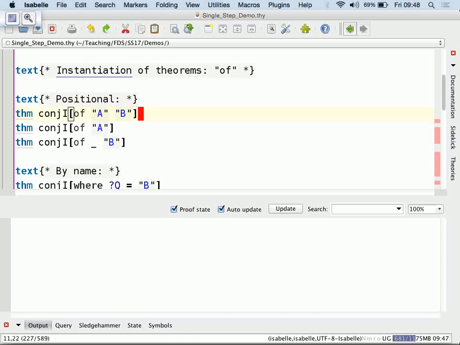The first one is with A and B, and then you really get just a specialization of the conjunction introduction where instead of the question mark variable, you have the concrete A and B. And by the way, the fact that they are now colored orange in the output alerts you to the fact that you've suddenly invented those out of the blue. The system didn't know about A and B yet, and you've introduced them, and it's just coloring them differently to alert you that maybe you mistyped and you wanted to use something that was already part of the context. Then that's another instantiation.